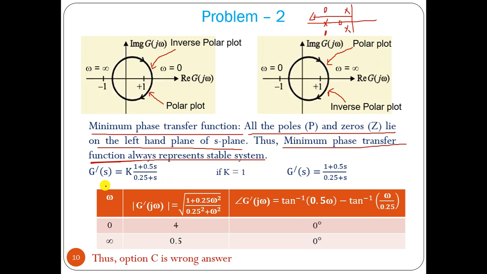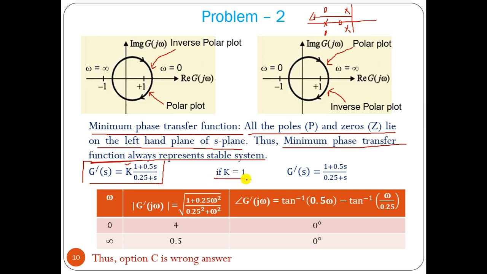Now let us take an example of a minimum phase transfer function, so that we can analyze whether we are getting this one as a minimum phase transfer function or not. Take a minimum phase transfer function, say with gain parameter K, (1 + 0.5s) divided by (0.5 + s). That means we have a zero in the left half plane and a pole in the left half plane.